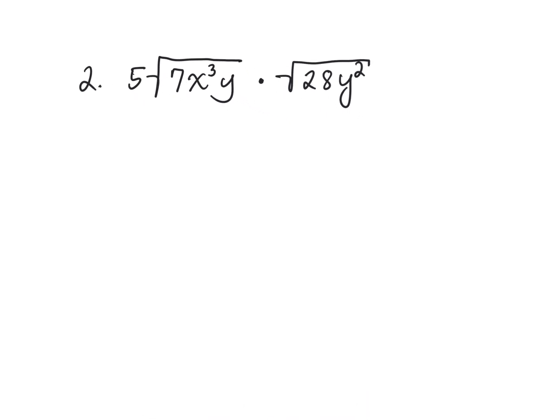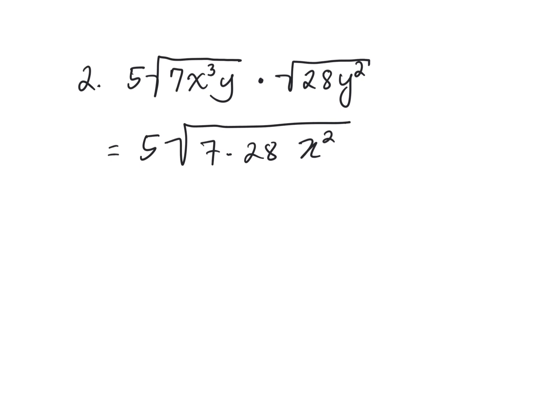Number 2. 5 times the square root of 7x cubed y times the square root of 28y squared. The same rule, we're going to just leave the 5 outside, and we're going to combine 7 and 28. Here we have x squared times x.